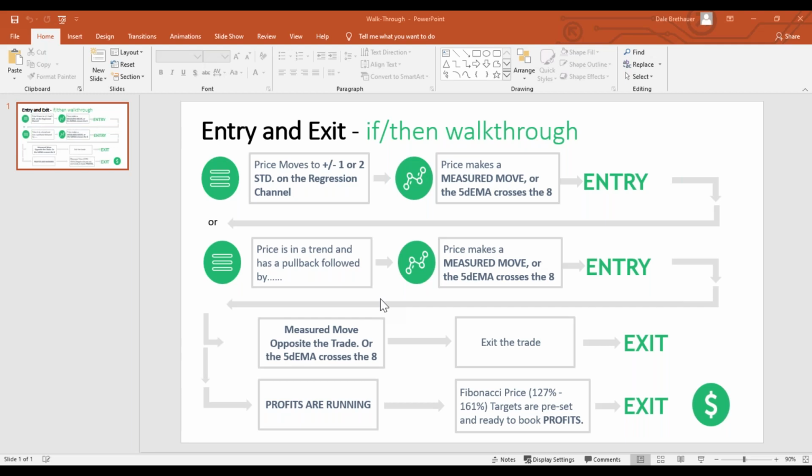But I'm very aware that if I get a chance to get out of that trade, I'll probably take it, because it didn't go according to what we were looking for.